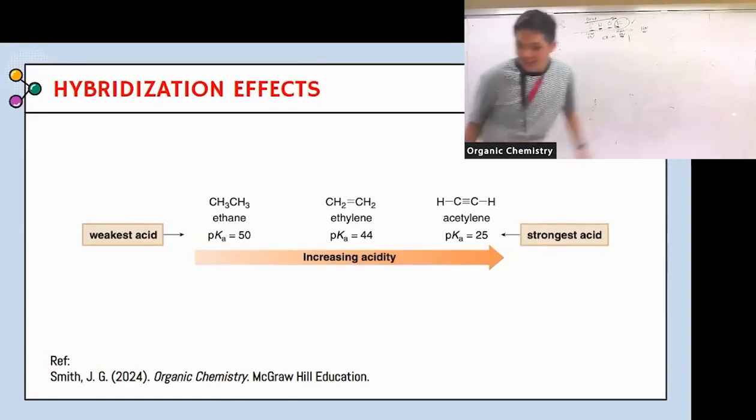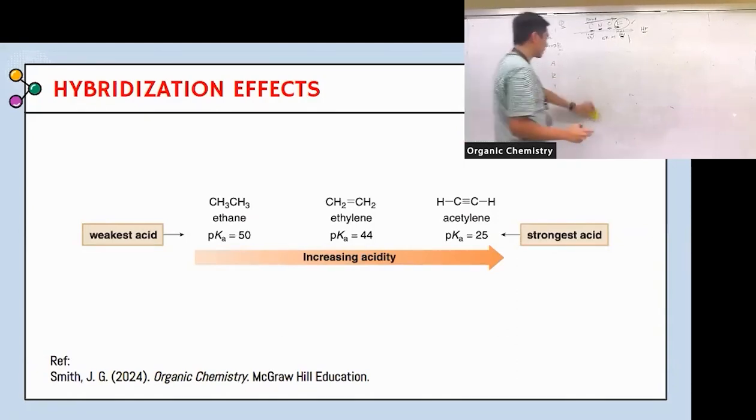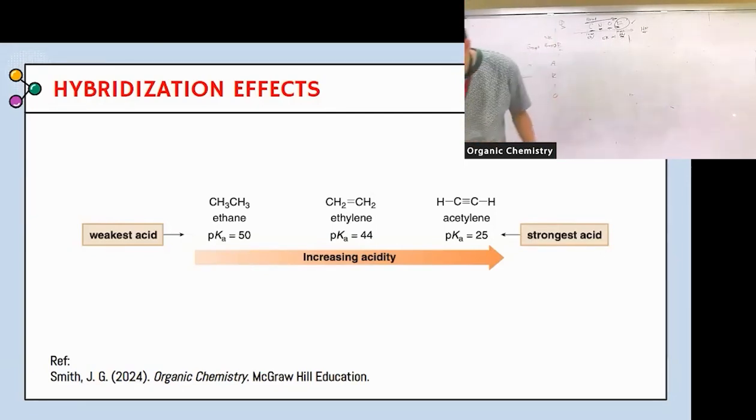Here now, okay. Hybridization effect. So as I mentioned earlier, you could use the ARIO, atomic effects, resonance, inductive, and orbital or hybridization effect. So here we have some data.